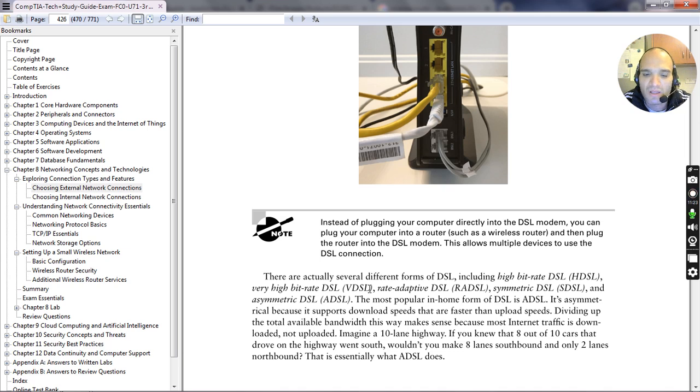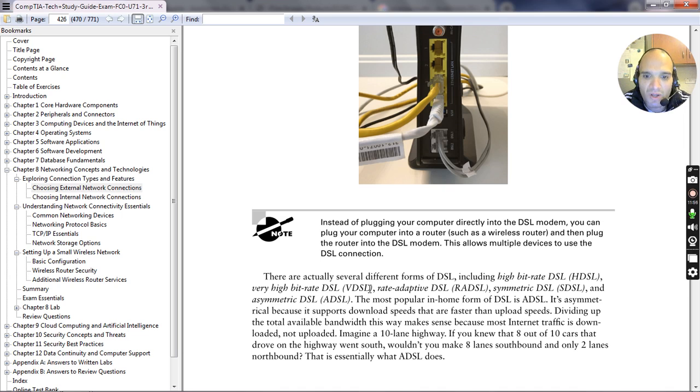Rate adaptive DSL or RADSL in short, symmetric DSL or SDSL in short, and asymmetric DSL or ADSL in short. Example of an ADSL connection, a connection that is able to provide 10 megabps download throughput and let's say 1 or 2 megabps upload throughput.